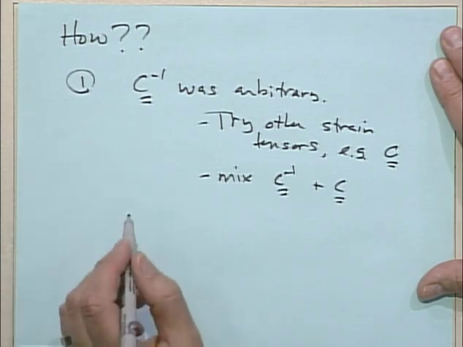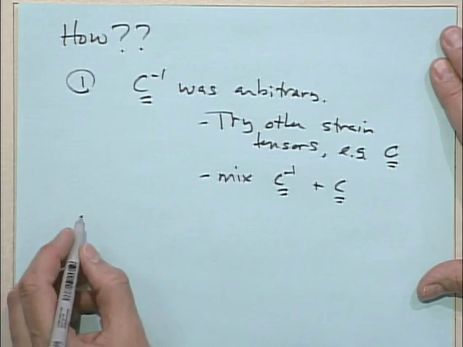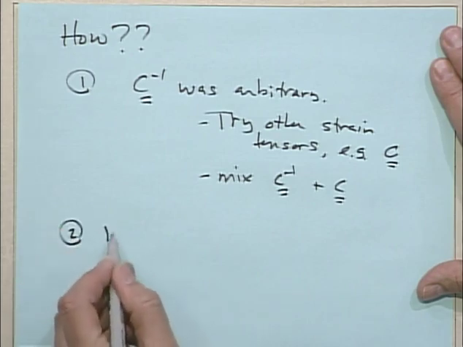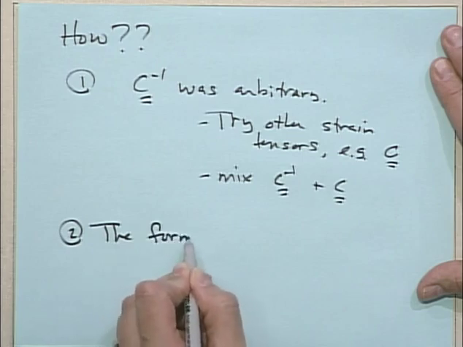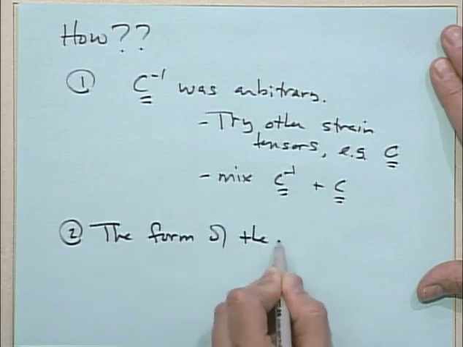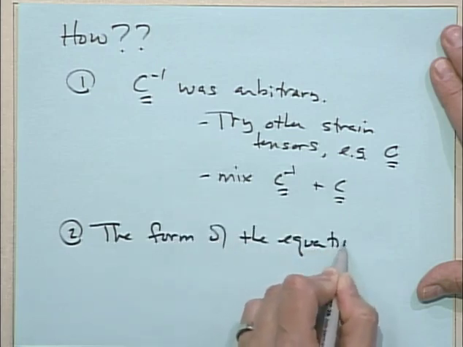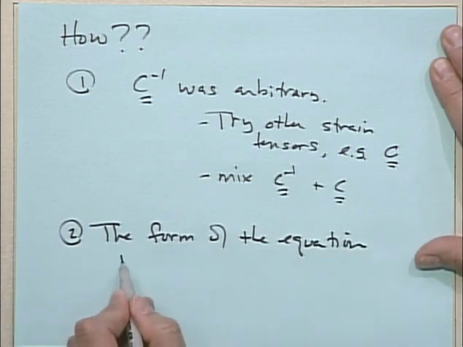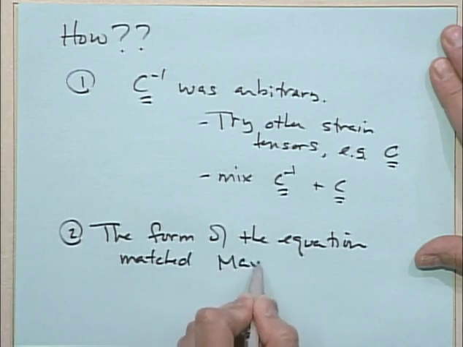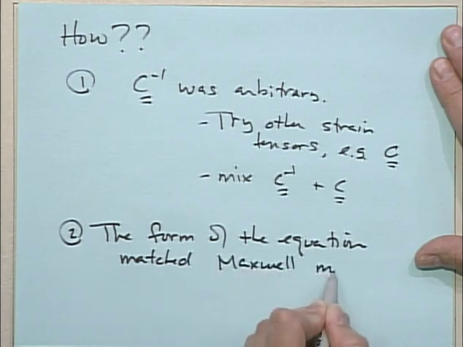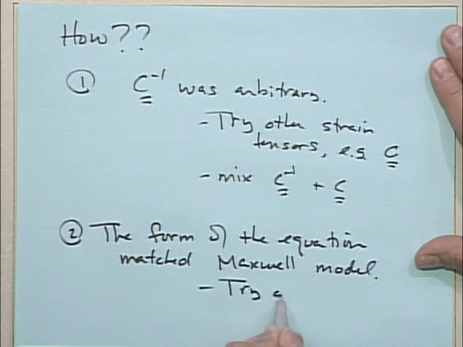Another way that people fix is, let's say, the form of the equation was arbitrary as well. What I mean by that is the form of the equation matched the Maxwell model. So we could try other forms.